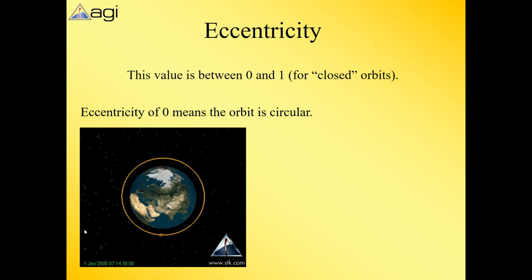So first of all, an exercise in scaling. If the radius of the Earth is 6,378 kilometers, you'll need a calculator. What is the orbit radius shown in this diagram? Okay, so how do you do that?